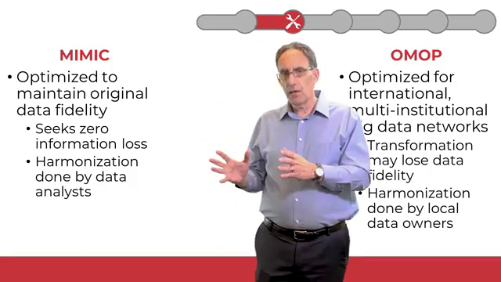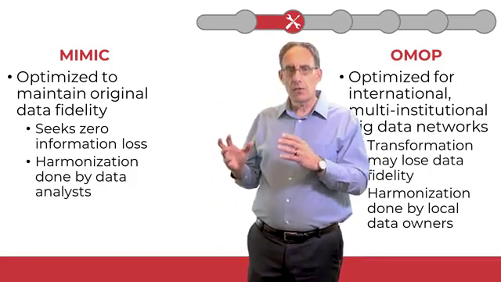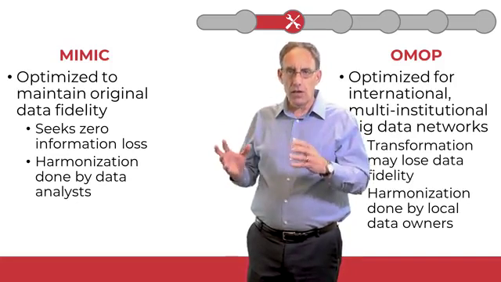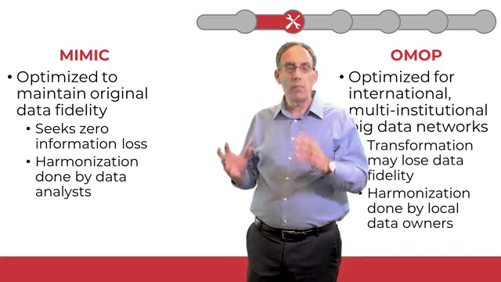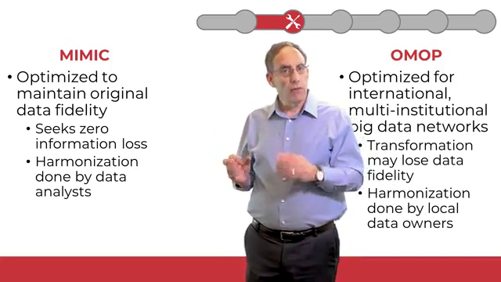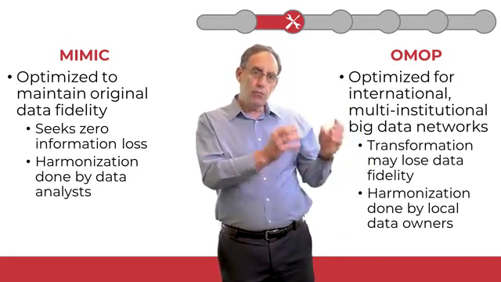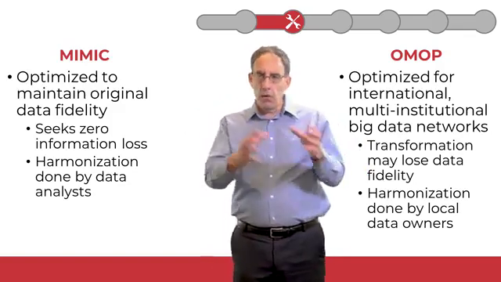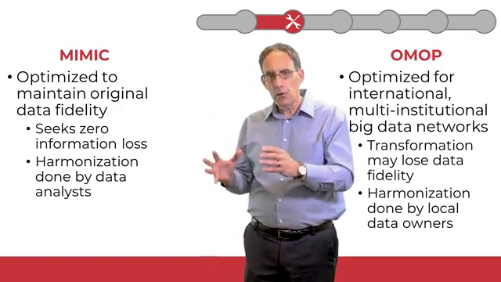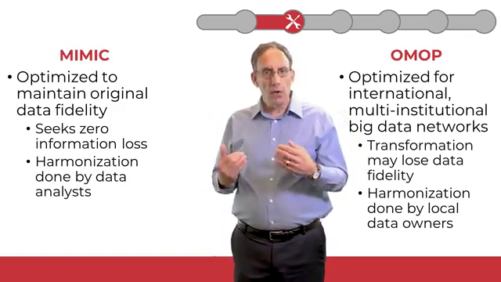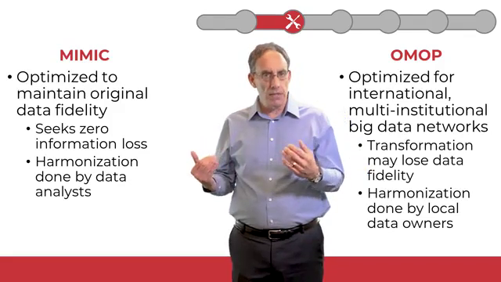In contrast, OMOP is optimized to support large, international, multi-institutional, big data networks. It recognizes that transforming source data from its original format into a single standard term may result in the loss of data fidelity or specificity.